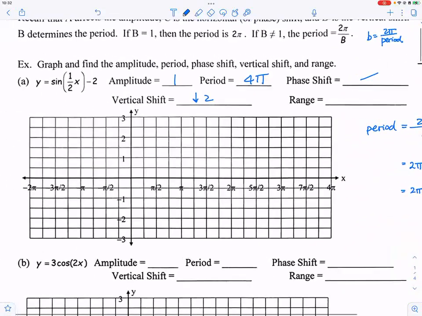All right, what's our range? Well, our original range for sine graph is from -1 to 1. And then it's being shifted down 2 units. So that means we are going to have a new range of -2 comma 0, right? -1 to 1, and then you move down 2 units.